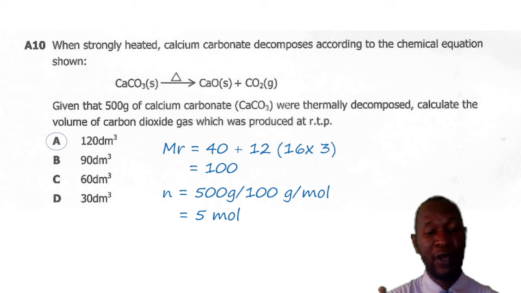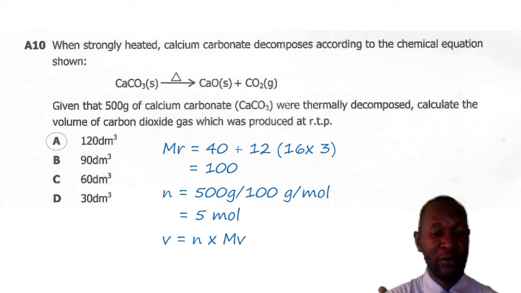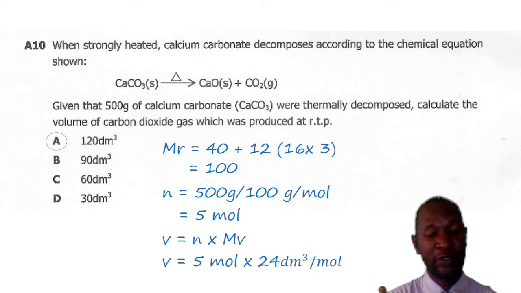Now we can use the molar volume formula: the volume of a gas is equal to the number of moles times the molar volume. At RTP, the molar volume is 24 cubic decimeters per mole. Substituting, 5 moles by 24 cubic decimeters per mole gives us 120 cubic decimeters. So that is how we find our answer.